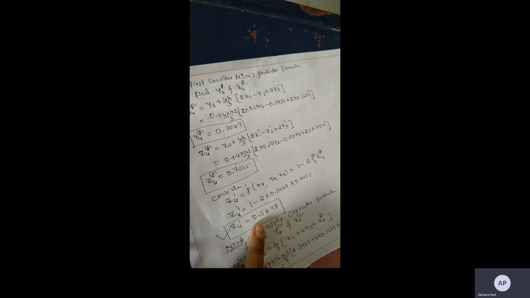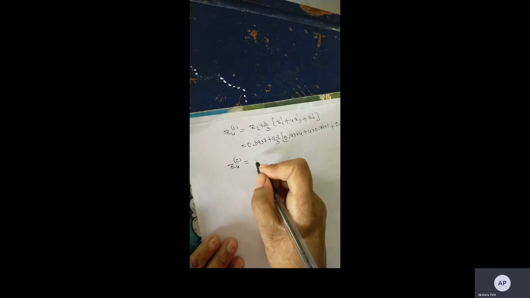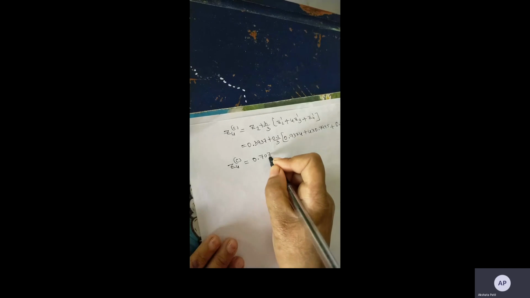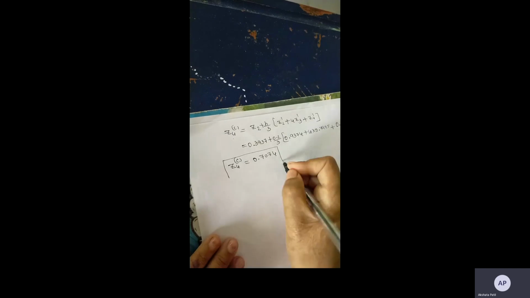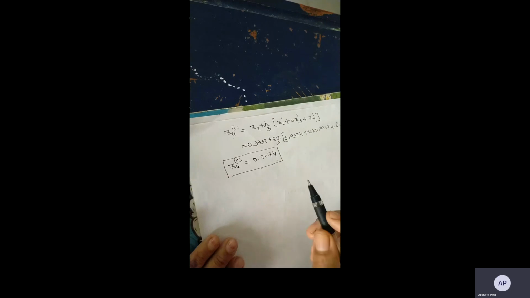Let us substitute it here and simplify, and you will get the z4 of corrector value as 0.7074. So this is step 5.